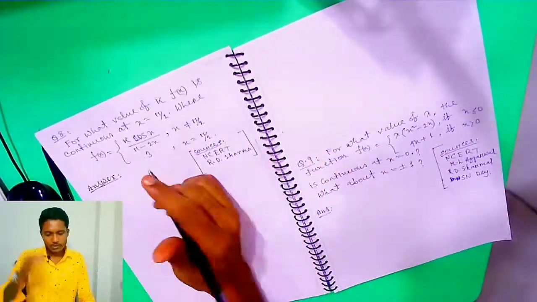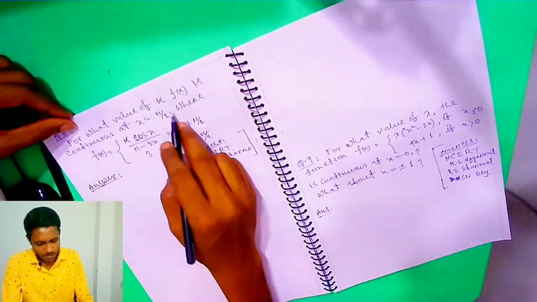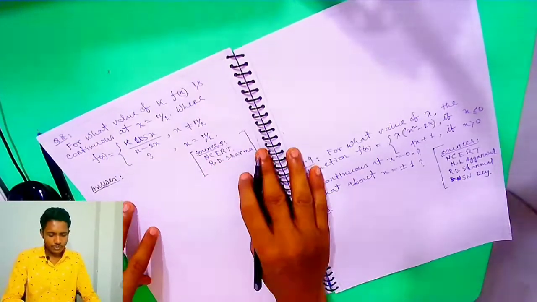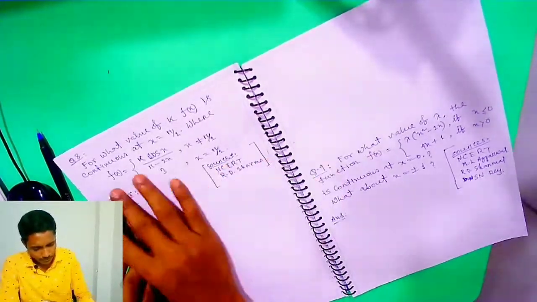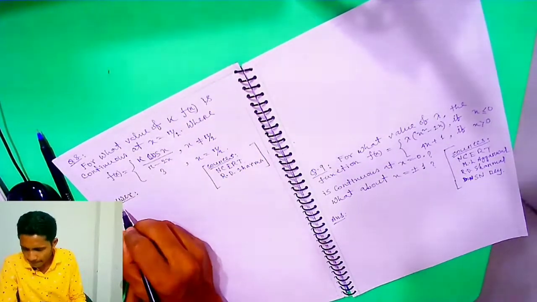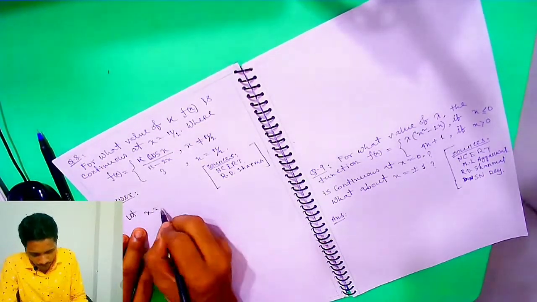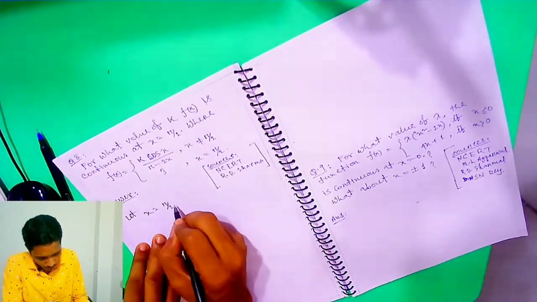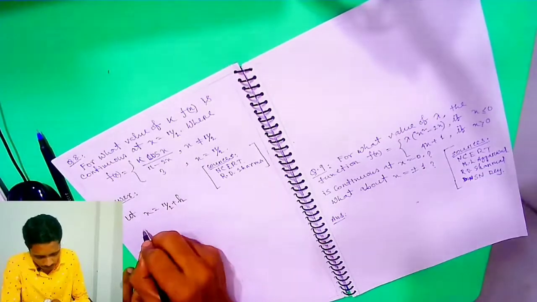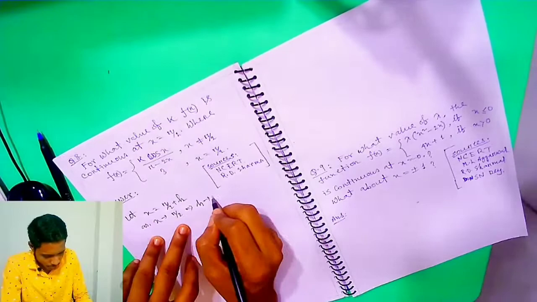Now another question, number 8. For what value of k is f(x) continuous at x is equal to pi by 2? To solve this question, let x is equal to pi by 2 plus h. As x tends to pi by 2, this implies h tends to 0, right?